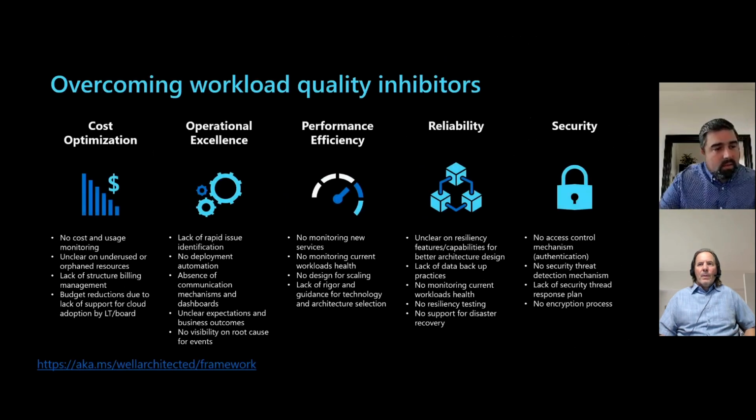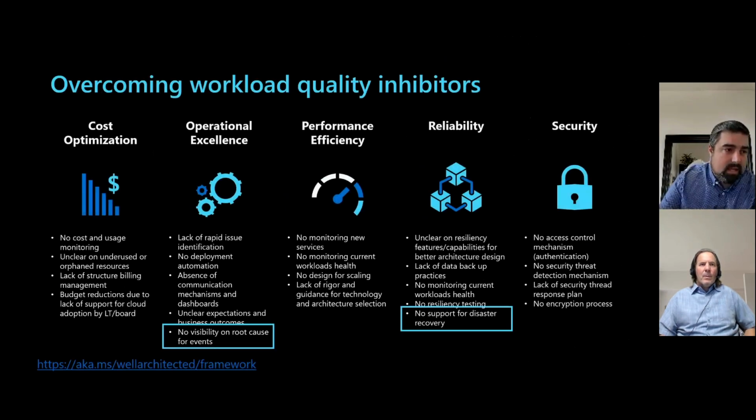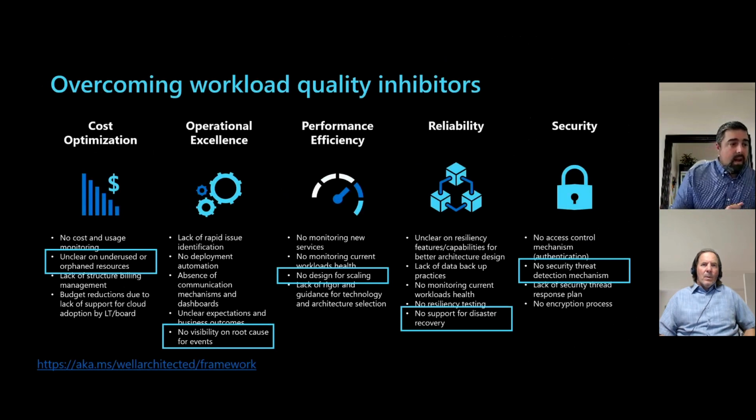So how can we overcome some of these quality inhibitors that we see inside of cloud environments? Cost optimization, I think the biggest one, as we highlight here in these boxes, is one of the biggest quality inhibitors that we see: having unclear, underutilized or orphaned resources, like that dangling DNS entry.